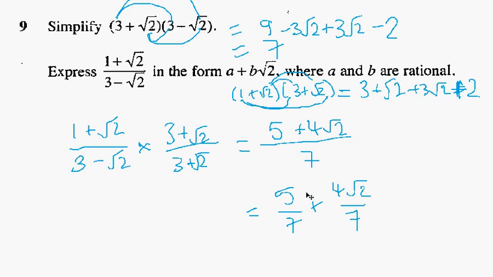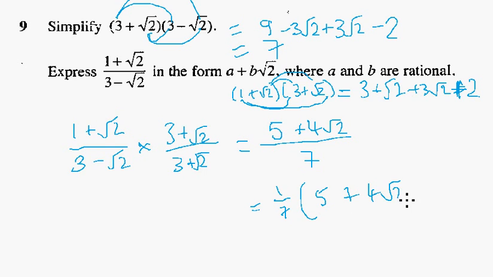Another way of thinking about it, if that justification you're not happy with, is that it's the same as 1/7 of 5 plus 4 root 2. That and that are the same.